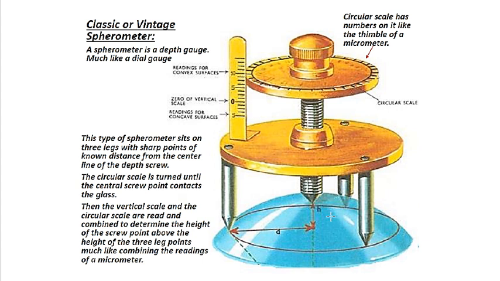When you carefully look at the three legs and the center screw, the tip of the center screw is higher than the tip of the three legs of your spherometer. And you have two different scales right here, your vertical one and your circular one, so you definitely need to combine them, like your micrometer readings, to get the final reading.